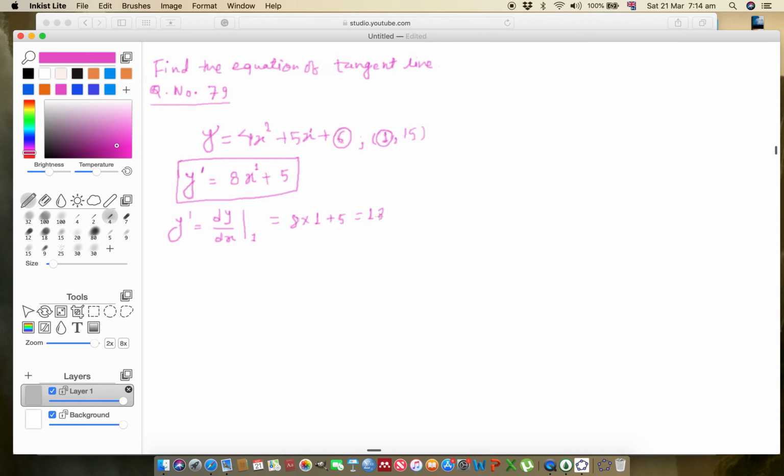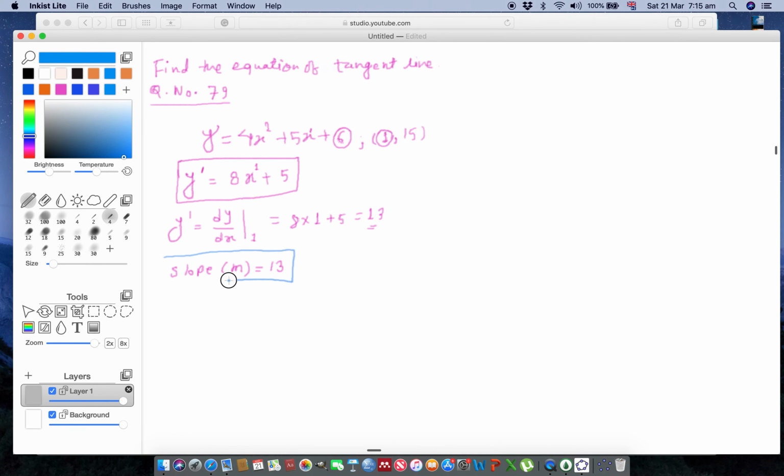What does the value 13 mean? We say the slope of this curve, which is represented symbolically by m, is equal to 13. The slope of this line is 13.